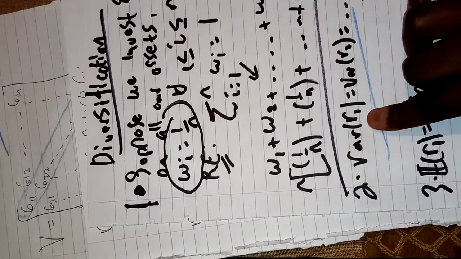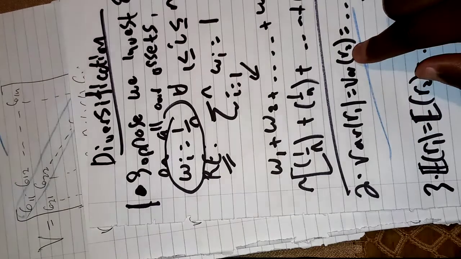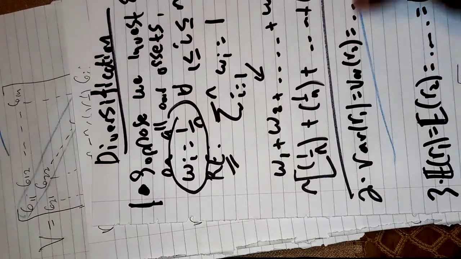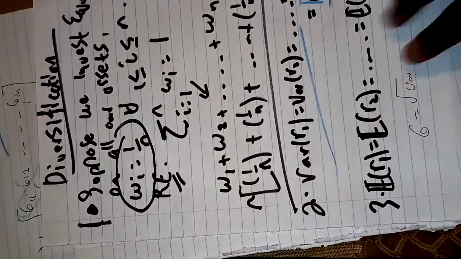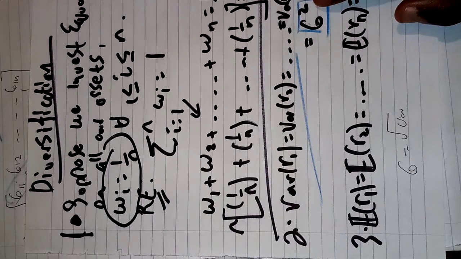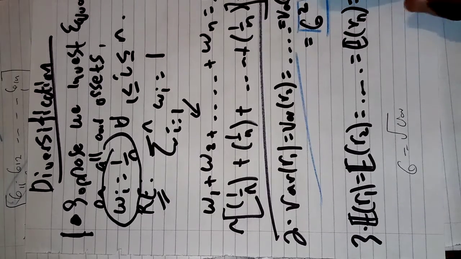Then we suppose that the variance of asset 1, the variance of asset 2, and so on are all equal to sigma square. The variance of all these assets is equal to sigma square.